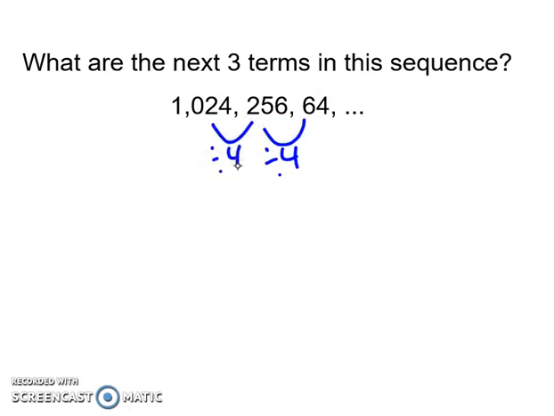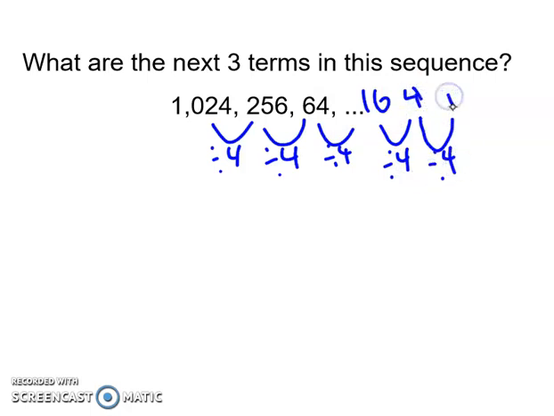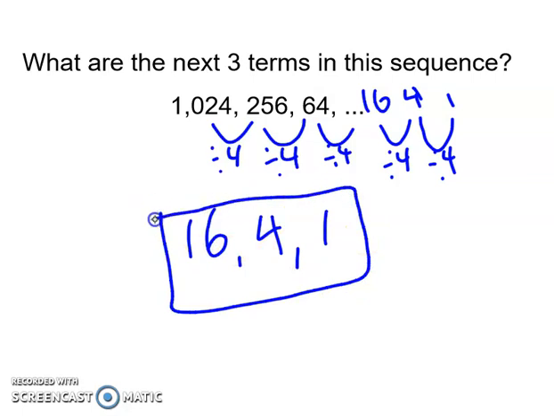So we have to take 64, divide that by 4, and we get 16. We take 16, divide that by 4, we get 4. Take 4, divide that by 4, we get 1. So the next 3 terms would be 16, 4, and 1. Pretty good so far, right?